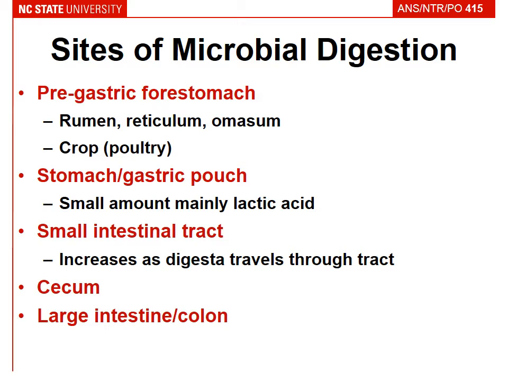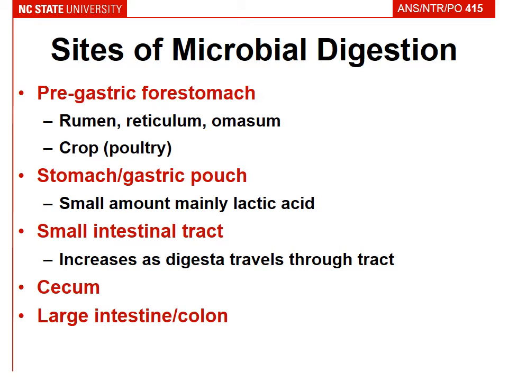We do have some microbial digestion that can occur within the stomach, and that's mainly the lactobacillus that are producing lactic acid. And then in our small intestine, we have a pretty significant amount of microbial digestion that occurs, and the amount of microbial digestion increases as the digesta is moving through the tract.